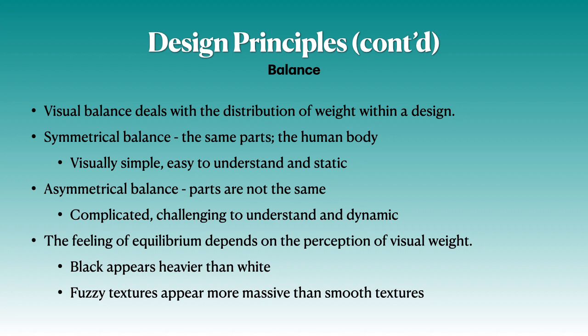Also, when you think about fuzzy textures, they appear more massive and large rather than when you compare something that is a smooth texture. So within a garment, a designer can have more than one kind of balance. They can, in fact, have two or more different kinds of balance within a single garment.